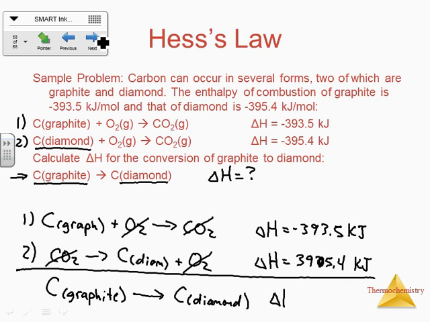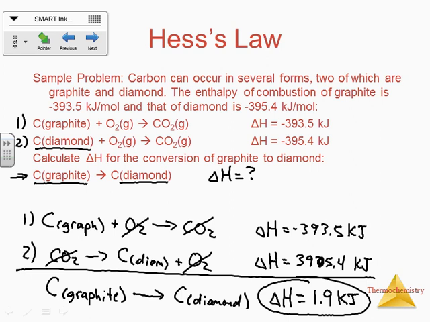And my delta H for that reaction, kind of surprising here. We get a 393.5 plus 395.4. So that's 1.9 kilojoules. So it takes 1.9 kilojoules of energy in order to get graphite to turn into diamond.